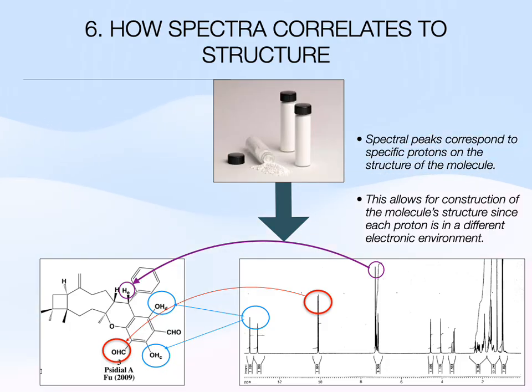And then we see the peak that is encircled red is connected to the protons that are circled as red in the actual structure, and the same goes for the peaks that are encircled in blue. So this is how we correlate the spectrum to the actual structure of the chemical itself. And of course, there are other instruments that we engage to help us to corroborate this information. But specifically today, we're talking about how NMR spectroscopy connects with structure.